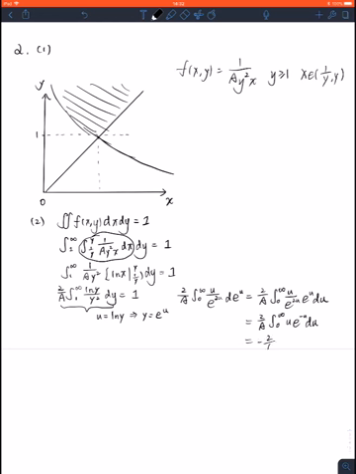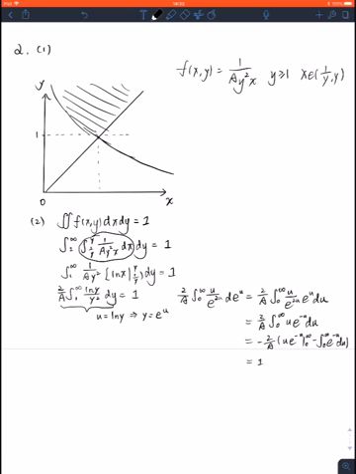And that should be minus 2 divided by a times u times e to the power of minus u from 0 to infinity, minus the integral from 0 to infinity e to the power of minus u du, and that is simply 1.